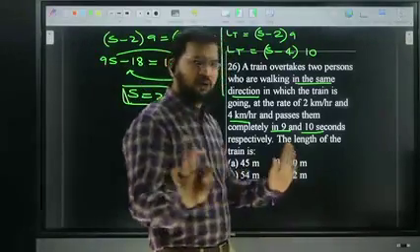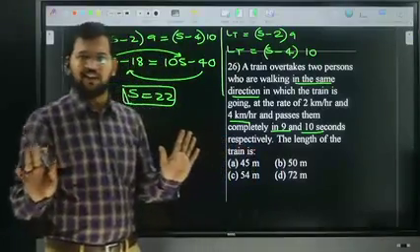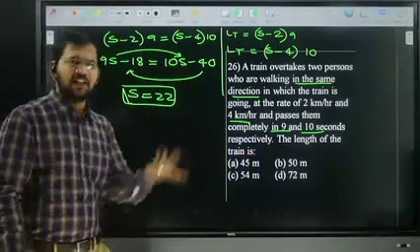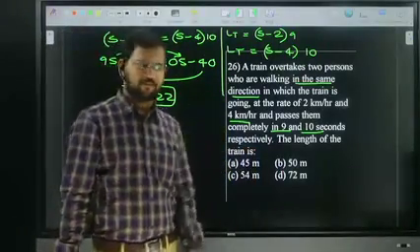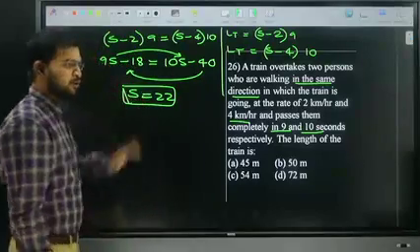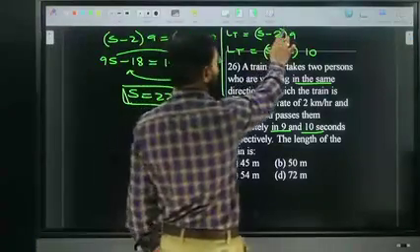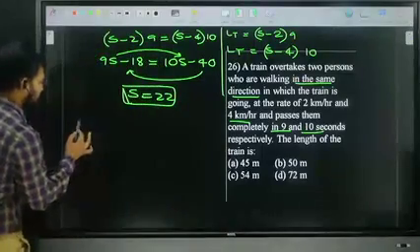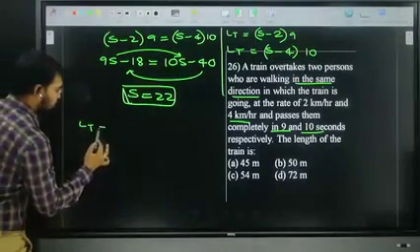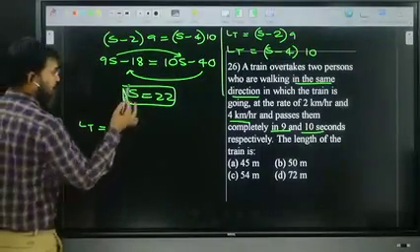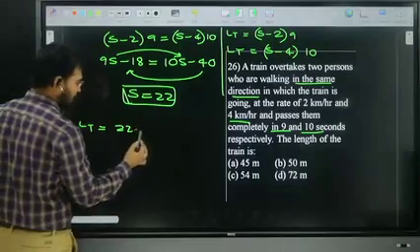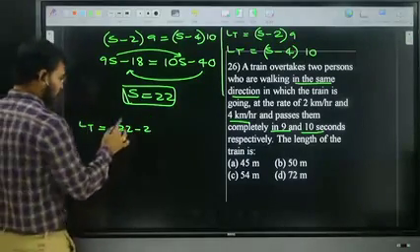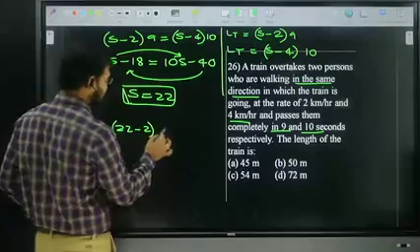But I don't want S. I need distance. Distance is nothing but the length of the train. I got S is equal to 22. If you substitute in either the first one or the second one, you can get the answer. In the first one, length of the train is equal to, in place of S, I put 22 minus 2, into 9 seconds.